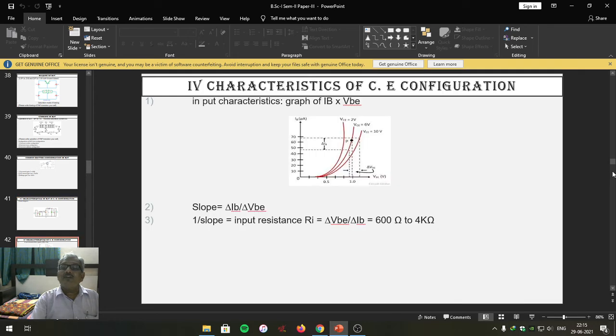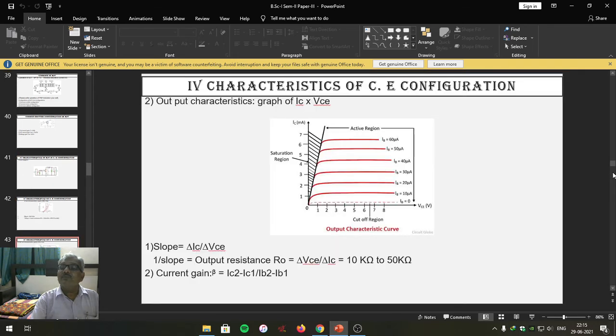Now we have a set of readings of IC and VCE with us. By definition, output characteristics of BJT in common emitter configuration is the graph of IC versus VCE when IB is constant.